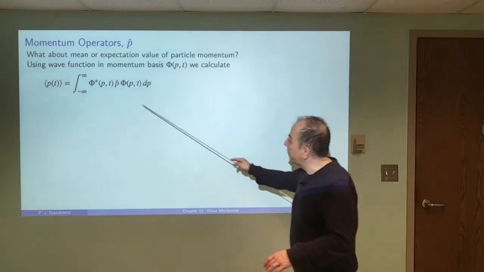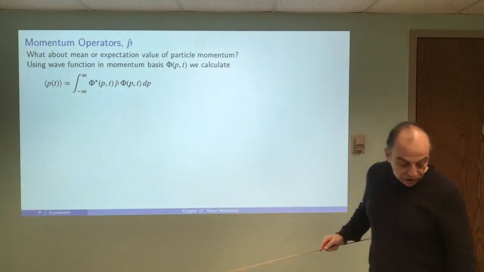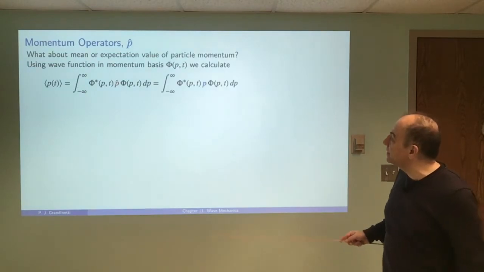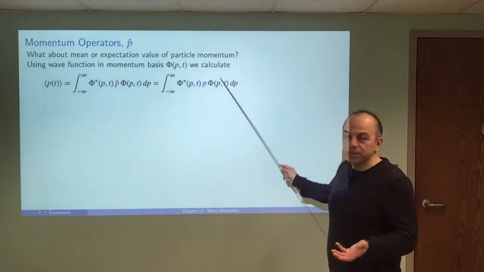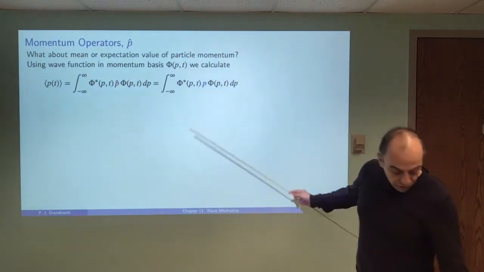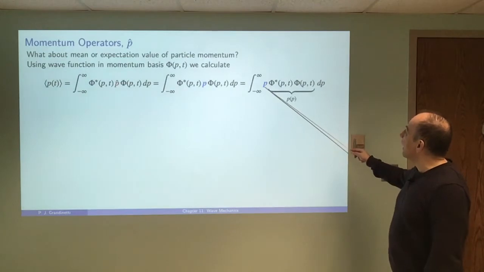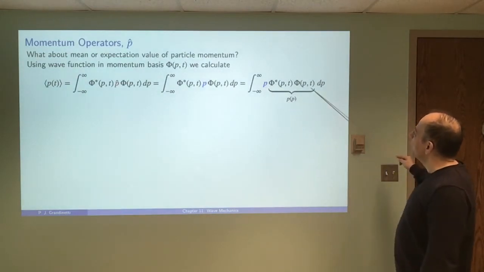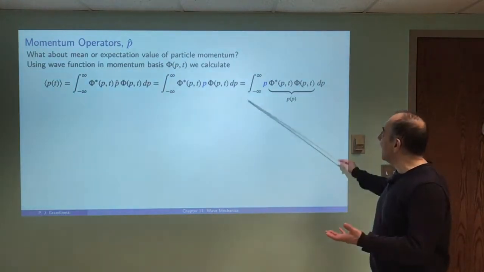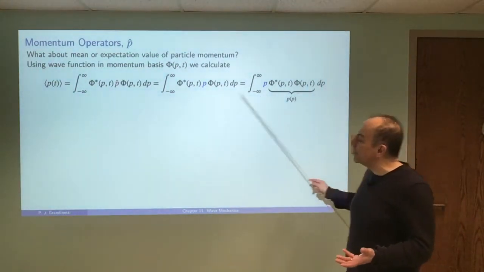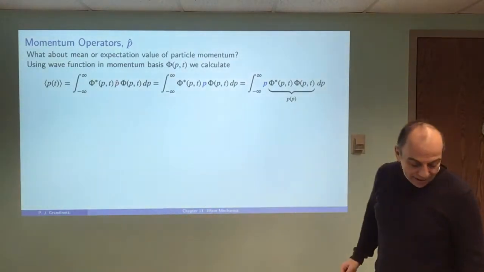So in other words, I'm going to define a momentum operator which will act on the wave function in the momentum basis and give me back a number, the momentum, times the wave function. This is no longer an operator, so it can slide past the other wave function, and now I get p times this square of the wave function, which is a probability density, integrated over all values of momentum, and I get the mean or expectation value for the momentum.